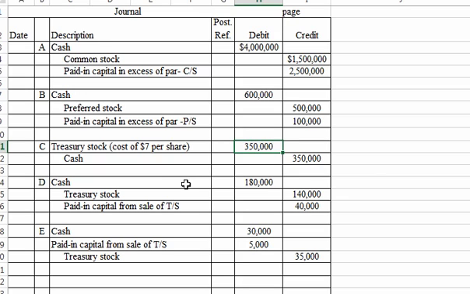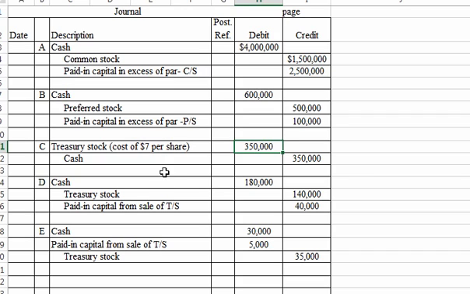And we increased cash when we sold some of those treasury stock shares back to the investing public. We increased cash, and we decreased treasury stock at its cost, the number of shares that were sold times the amount we paid for them per share, $7.